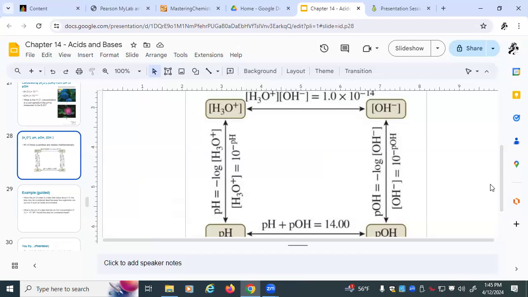Figure out the pOH, figure out the hydronium, figure out the hydroxide.